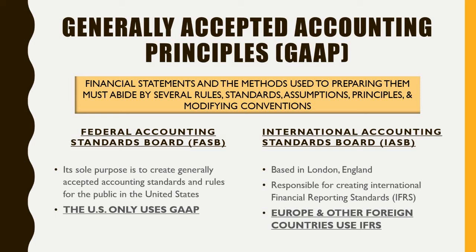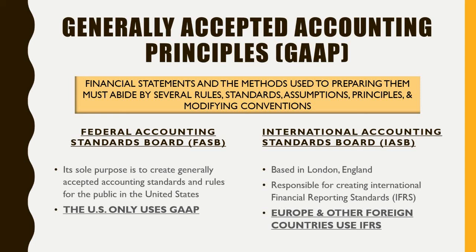If you're in an international business, meaning you have business outside the U.S., you cannot apply U.S. GAAP just because you're a U.S. company. No, unfortunately you're not able to do that. GAAP is for the United States only.